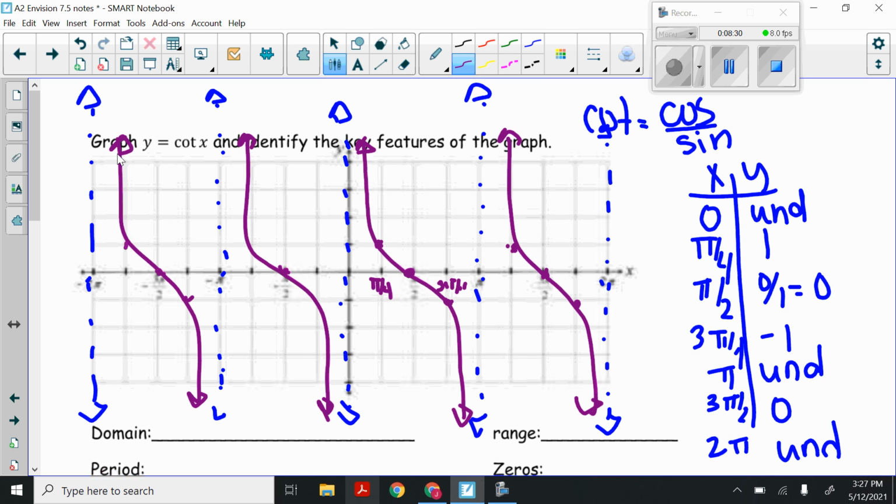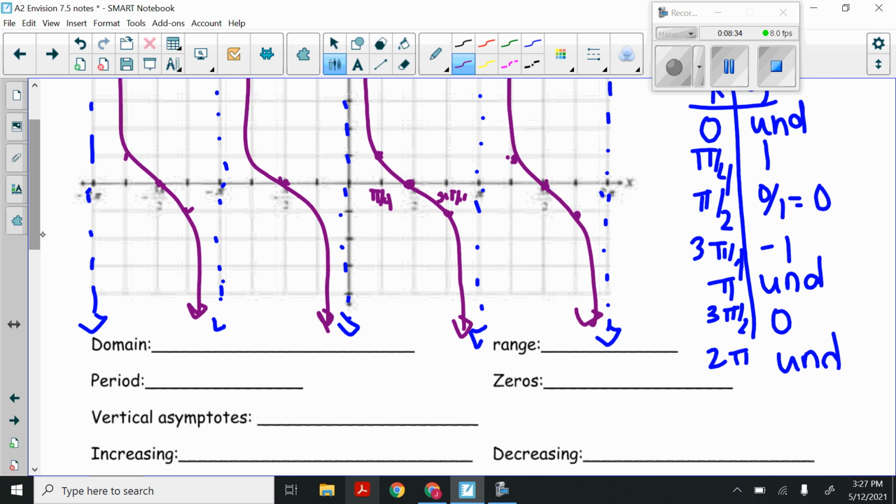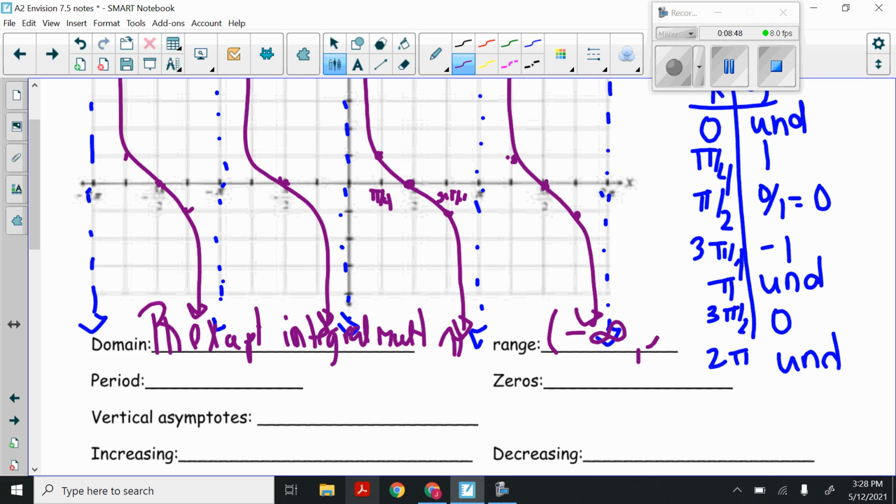So in this graph, I have 1, 2, 3, 4 full cycles. The domain of the cotangent, again, all real numbers, except now we're looking at integral multiples of pi. The range, negative infinity to infinity.